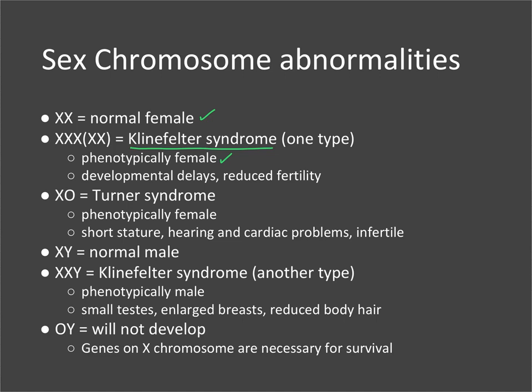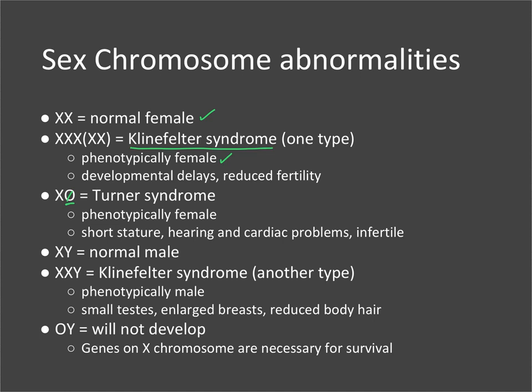In another situation, an individual might inherit an X chromosome, but then not inherit a second sex chromosome. So this O right here kind of stands for a 0. And so X0 is something called Turner syndrome. And Turner syndrome is where, once again, an individual will be phenotypically male, but there are some potential problems that occur with that.